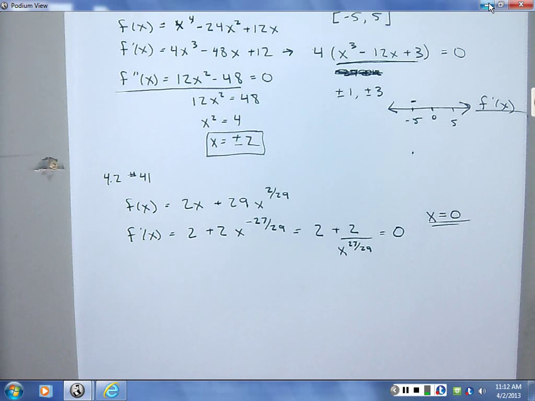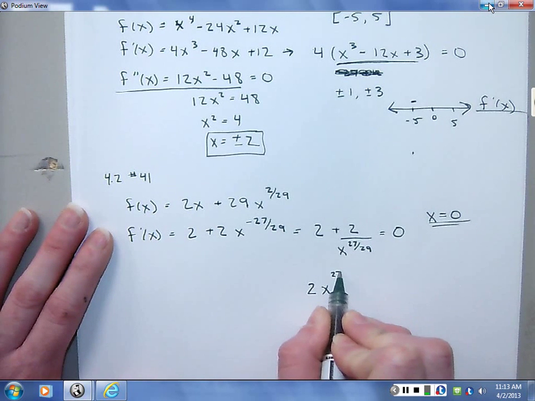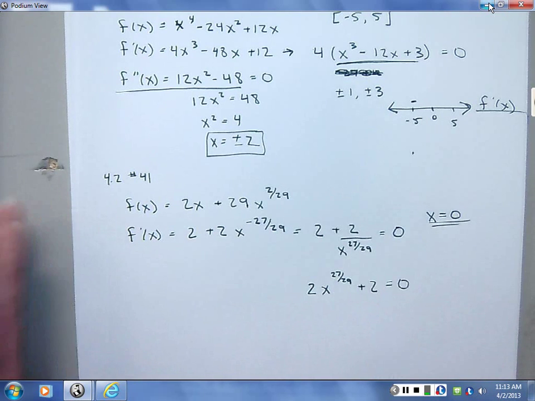Remember that first page I gave you the first week of class, Are You Ready for Calculus? A lot of that was solving for the values of x that satisfy when a function equals 0. That's what you're doing here. Can find a common denominator. The denominator can never equal 0, so I need to find when the numerator equals 0, right? So this would be 2x to the 27 over 29 plus 2 equals 0.